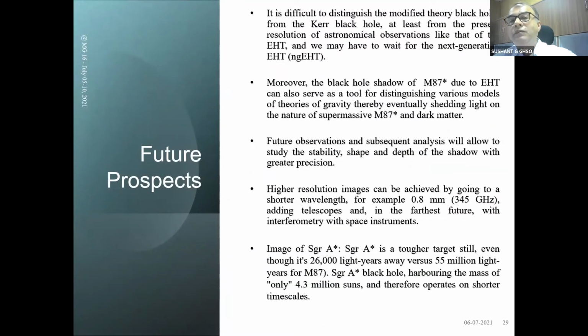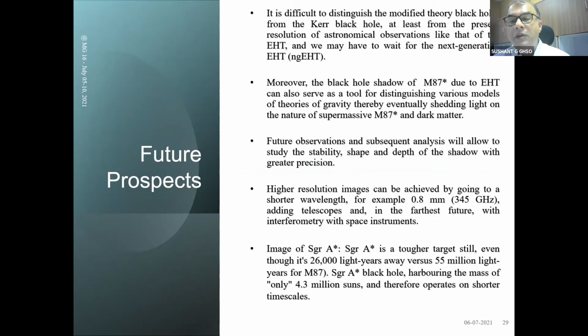And so from our result, the black hole shadow of M87 from the Event Horizon Telescope can serve as a tool to distinguish various models of the theories of gravity, because this solution can also come from a modified theory black hole, eventually also shedding light on the nature of the supermassive black hole M87 and also dark matter.